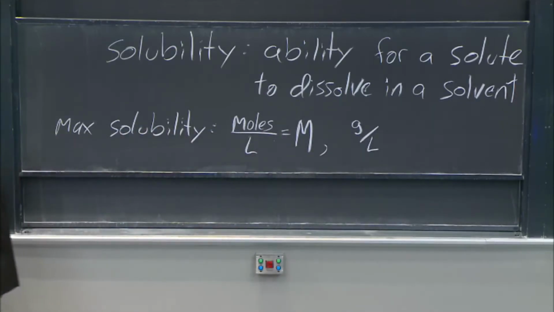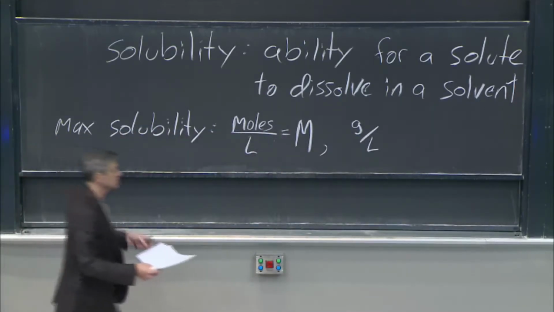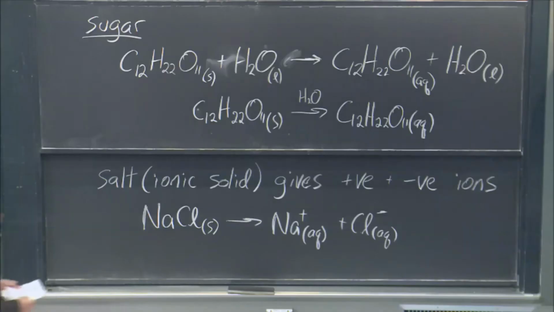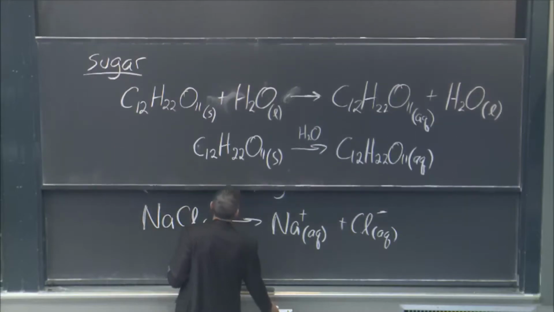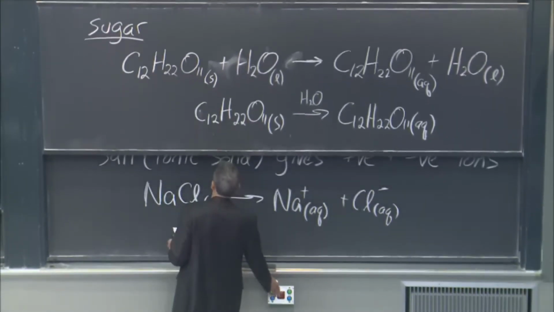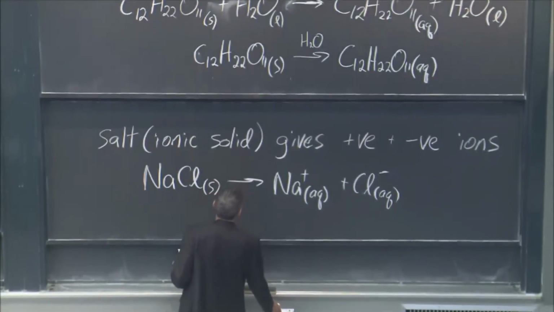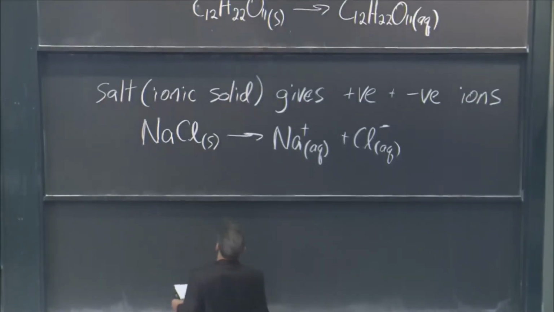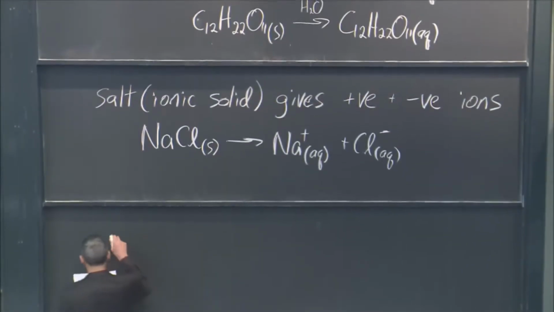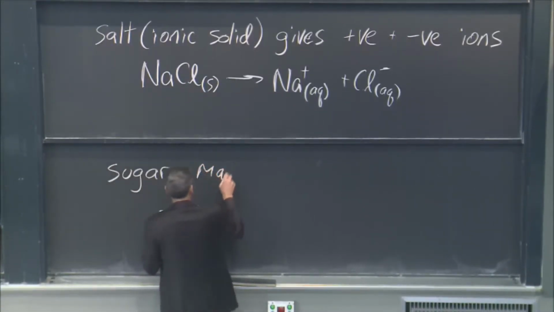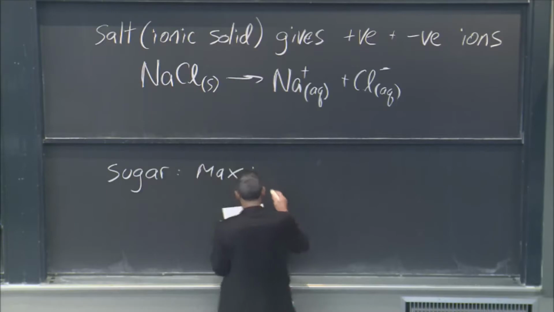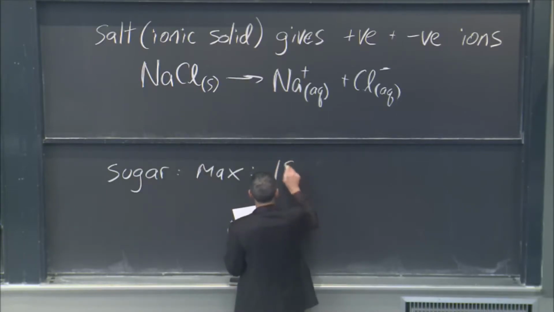If we look at, say, sugar, here's sugar, here's salt. How much sugar can dissolve? For sugar, the max is 1,800 grams per liter.